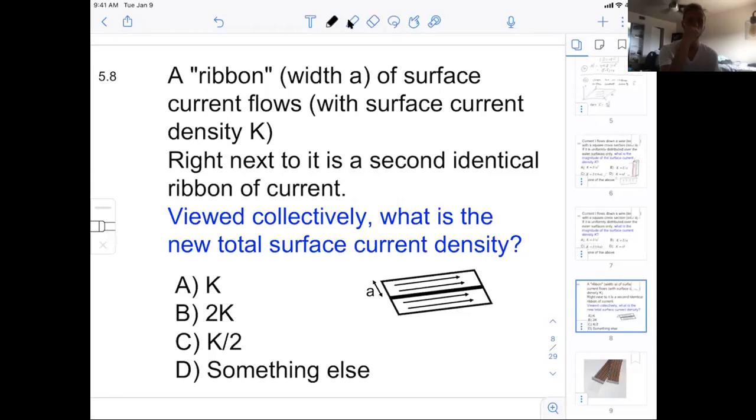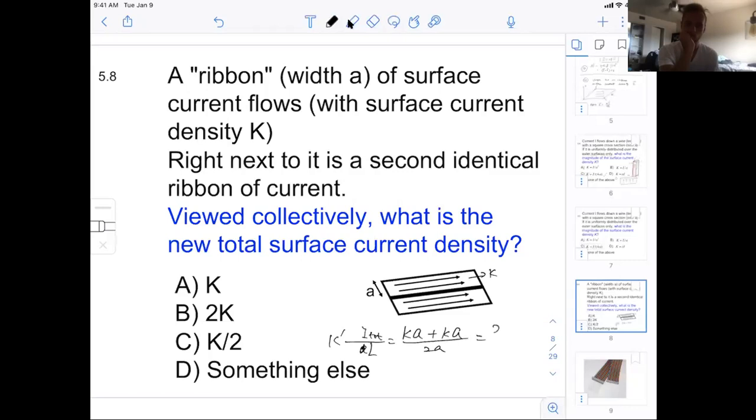Very good. So we can take the approach of looking at the definition of current density. You have K here. The total current on the first ribbon wire is KA, and you put another KA here. So you have KA plus KA, that's your total current, I total, over the length, which is 2A.